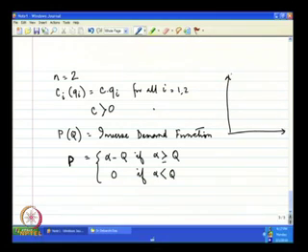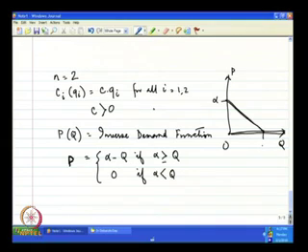This is represented by a diagram. Suppose this is p, this is q, then I have this downward sloping line. It is in fact a line which creates a 45-degree angle with the q axis, and this intercept is alpha.